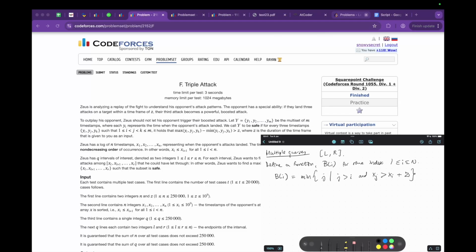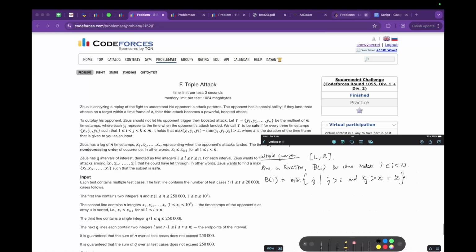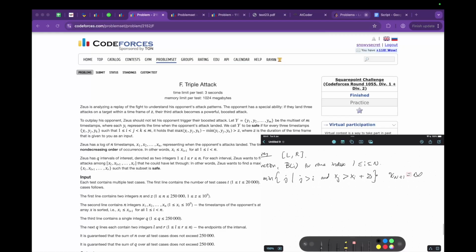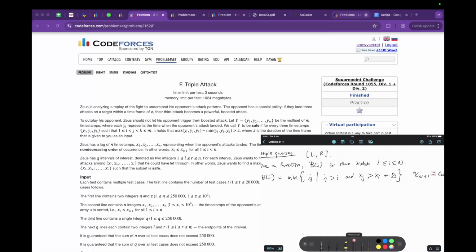So we're looking for the smallest index to the right whose value exceeds xi plus z. And this index might not exist, so for convenience we could assume xn plus 1 equals positive infinity. So if this index does not exist within x1 to xn, then bi would just be equal to n plus 1. Okay.